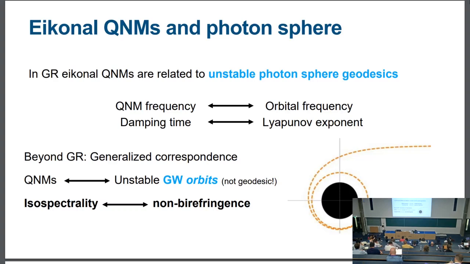And you also have the Lyapunov exponent, which is the imaginary part of the frequency, which is why, as you can see here, eventually the photon leaves this orbital motion. Beyond GR, you could also expect a similar correspondence. In this case they're not geodesics, but there are some gravitational wave orbits that are going to be dual to some quasi-normal modes. Likewise, if you have orbits that are non-birefringent, then you have isospectrality. So it's all related.